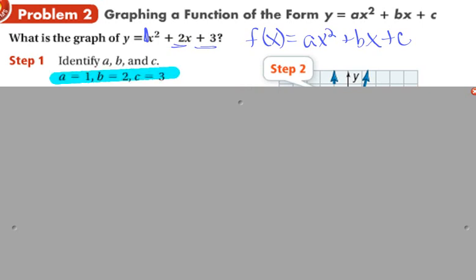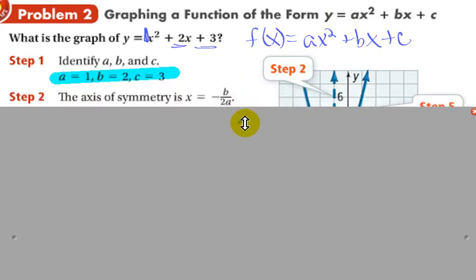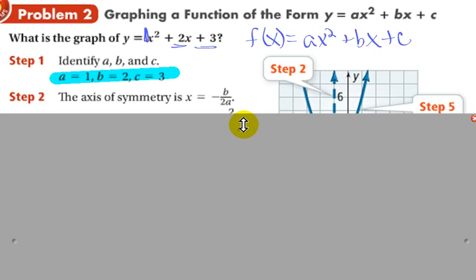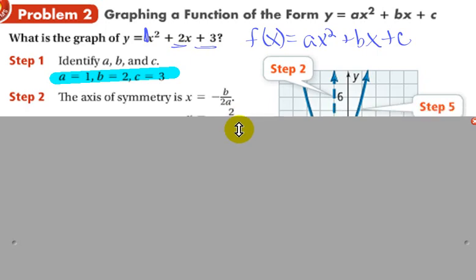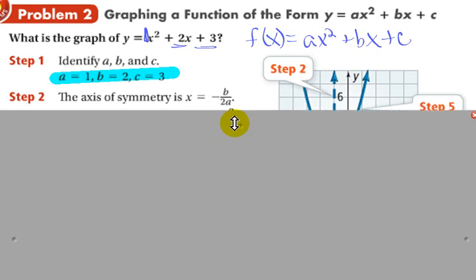Okay, so our next step is to calculate our x value, get our axis of symmetry. So to get that, we use that formula, negative b over 2a. X equals negative b over 2a. So that will give us our line of symmetry, which is also the first point in our coordinate point for the vertex. So plug in your b.